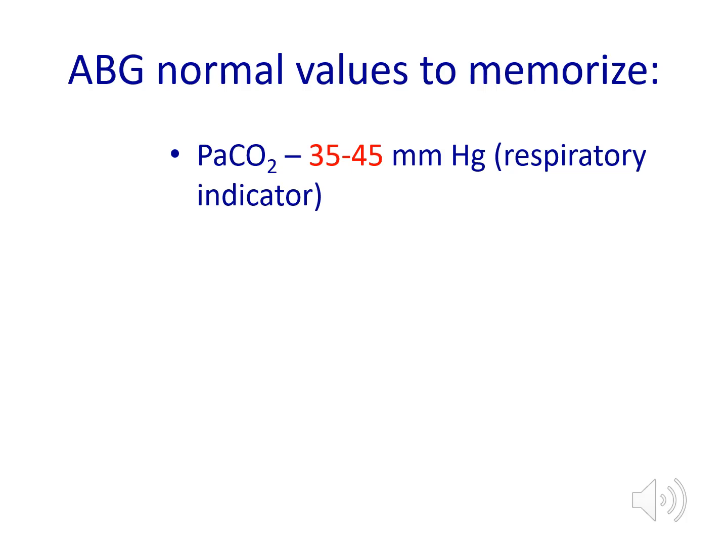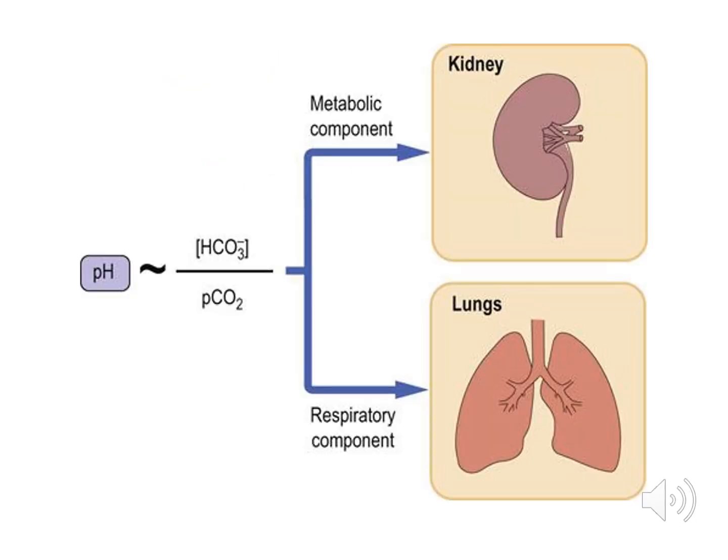This is your respiratory indicator of acid-base balance. This is the value that's going to tell you how good a job your lungs are doing at keeping you in acid-base balance. So here in the slide, you can see that the PCO2 is your respiratory indicator of acid-base balance, telling you how good a job your lungs are doing.